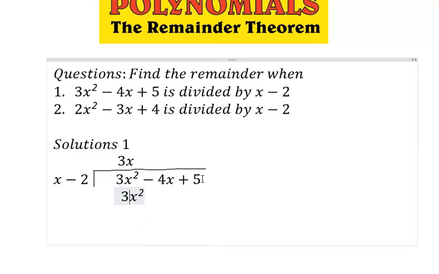Awesome. Then, since you are multiplying this by this, you also multiply this by what you have here. So 3 times minus 2, definitely your answer will be minus. So that's minus 6x.